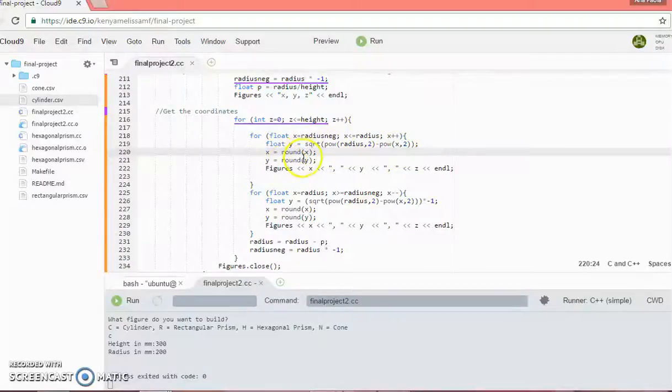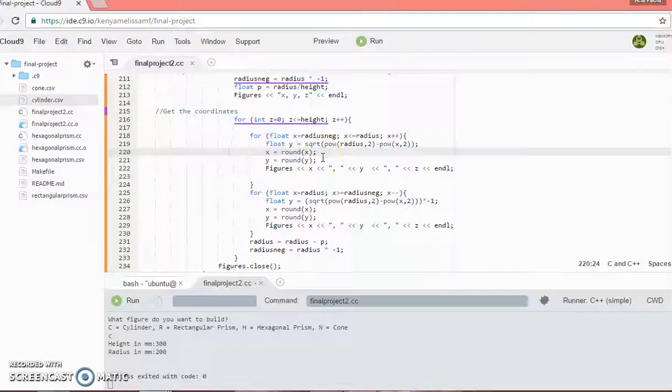And we're going to do this figure with a while, where x begins in radius negative until radius, and x is going up by 1. And we round both x and y.